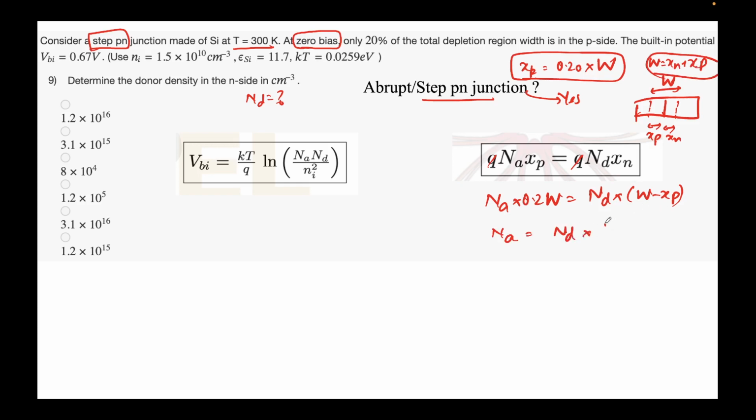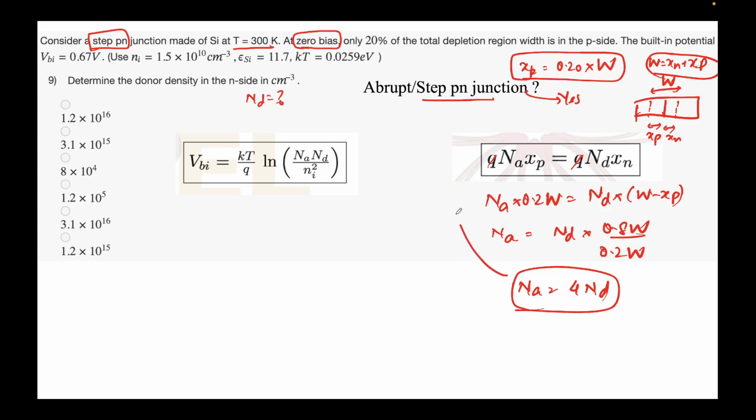W minus xp is 0.8 W, and you bring 0.2 W down. So Na is 4 times Nd. Again, see, the doping is high on the p side. Na is the p side doping, and hence the depletion region there is very low, only 20%. So again you see this trade-off, which makes sense because of this charge neutrality. So always keep this in mind: the higher the doping, the less will be the depletion width in that particular region.